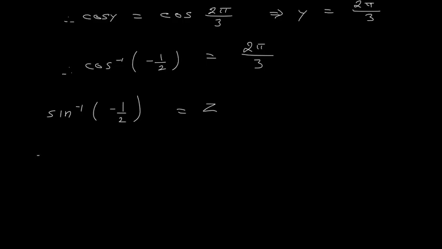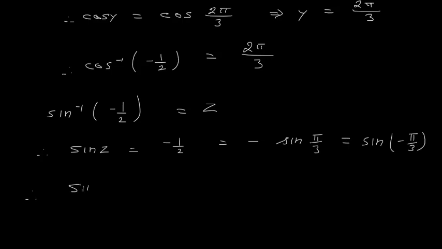Therefore sin z becomes minus half, which equals minus sin pi by 3, which equals sin of minus pi by 3. So therefore sin inverse of minus half is minus pi by 3.